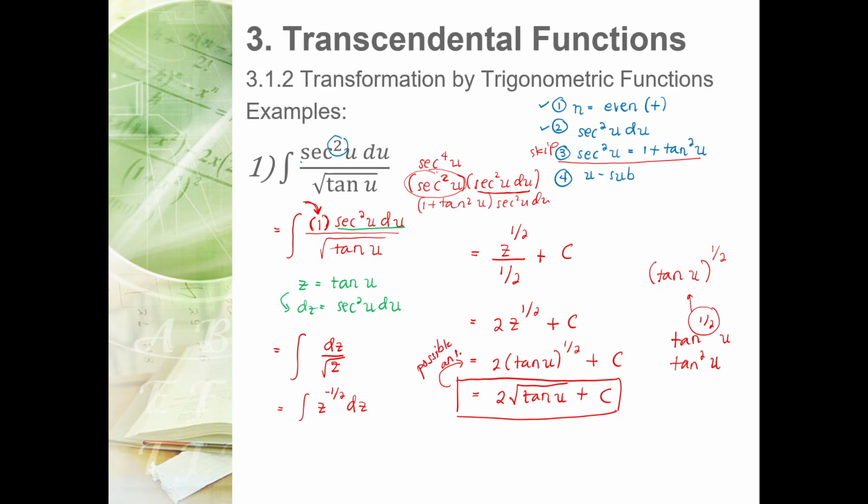Okay, so questions for this example. You might be confused on the steps, but again, you need to be careful with the steps. For example, since we don't have any secant squared left, we can skip this one and go immediately to the u sub technique.